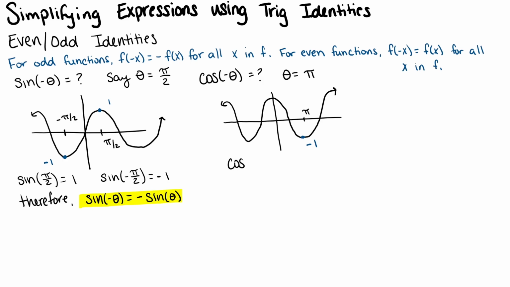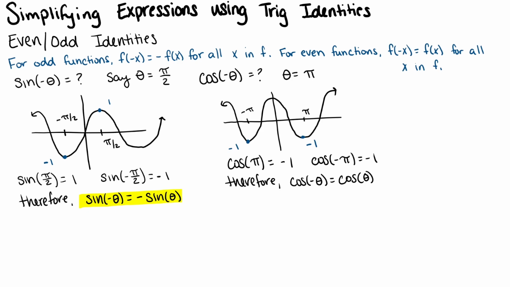So cosine of pi is equal to negative 1. Then when we go to the opposite side of our negative pi value, our value for cosine is still negative 1. So cosine of negative pi is equal to negative 1. Therefore, our cosine of negative theta is equal to the cosine of theta. And cosine is an even function.